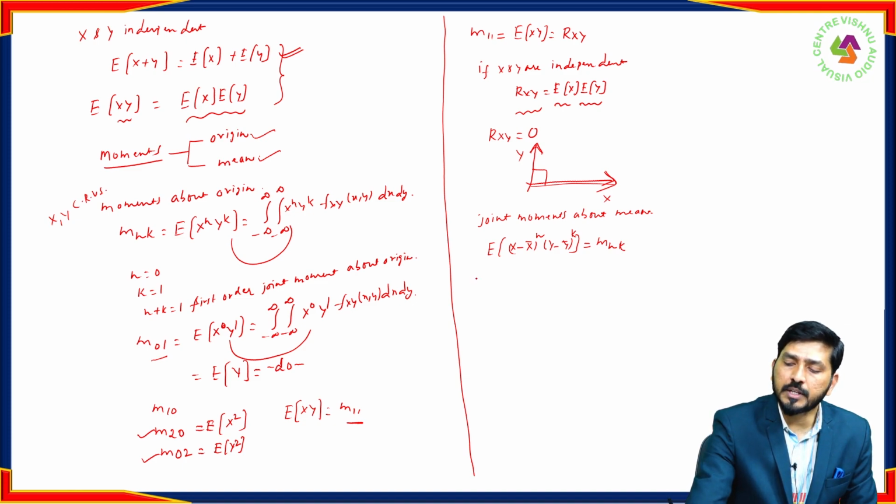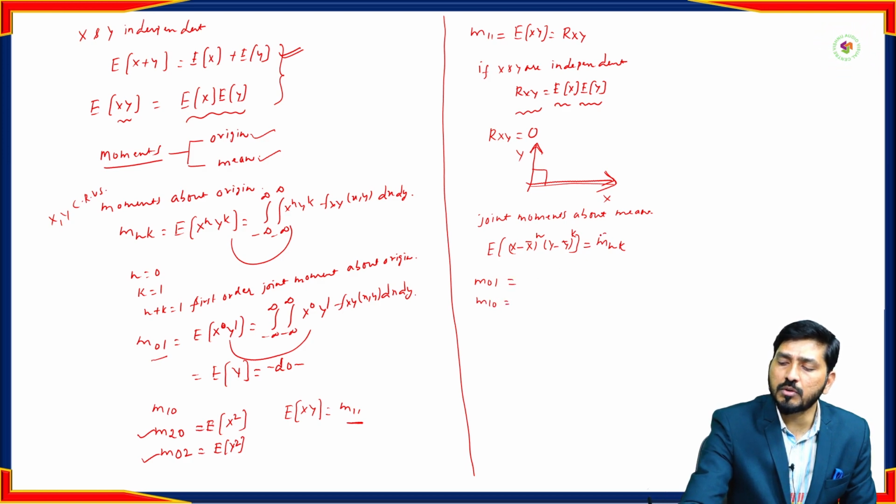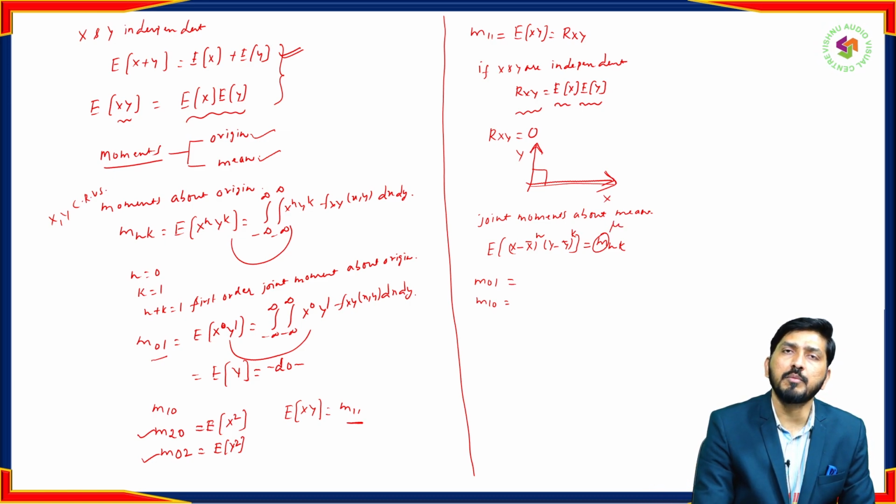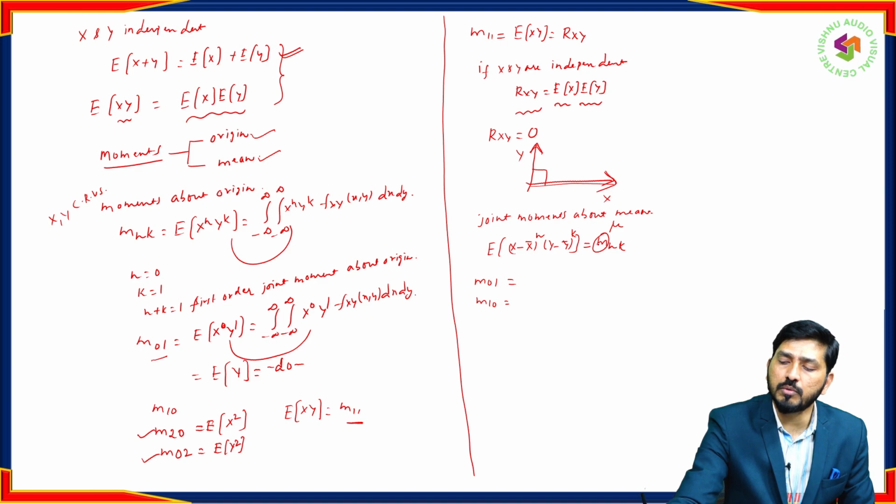For first order moments m01 and m10, the notation is now termed as mu instead of m, to differentiate moments about origin from moments about mean: mu nk.